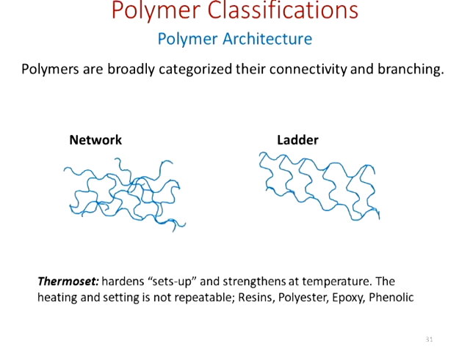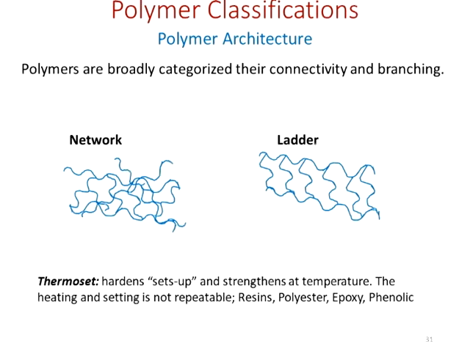Then there are others, however, that are thermosets, which would involve things such as a network, which is a more crowded or randomly shaped polymer with a lot of intertwined connections. And then you can have ladders. Again, many of these would be thermoset type materials.